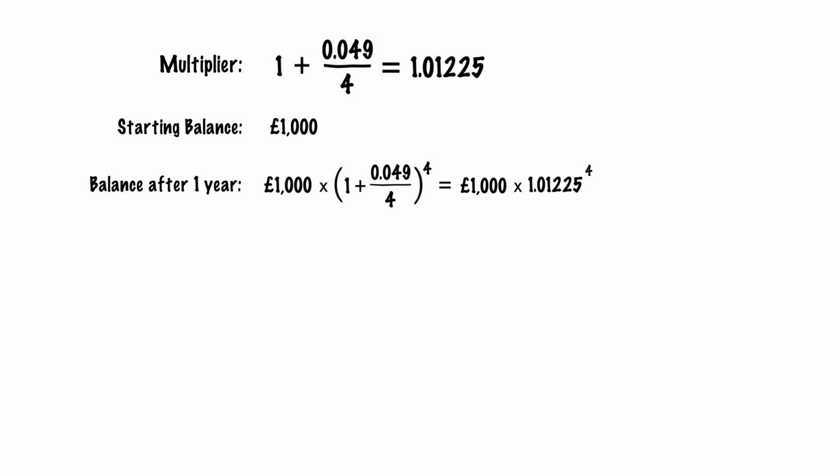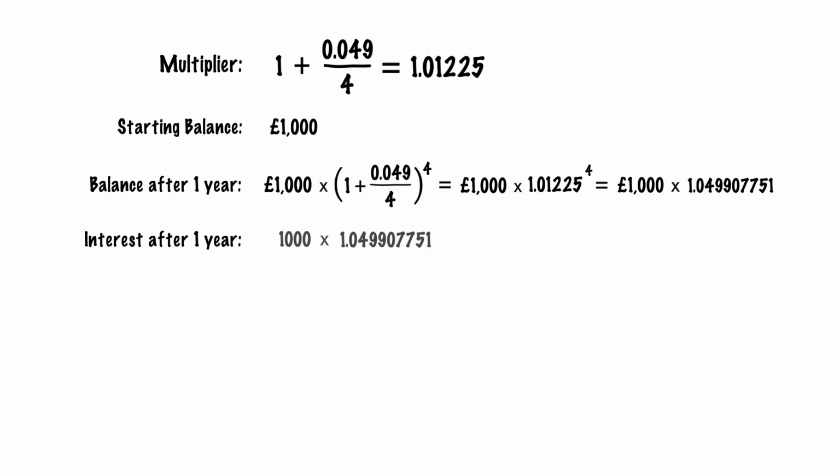And this works out at 1,000 multiplied by 1.049907751. I'm going to keep this balance as a calculation. We now need to calculate the interest after 1 year. So that is the balance at the end of the year, subtract the original amount put in, which is 1,000. I'm also going to keep this as a calculation. Now let's find the AER.